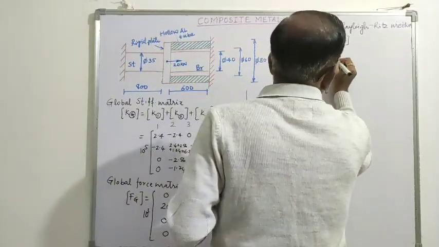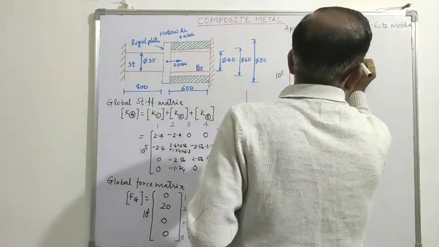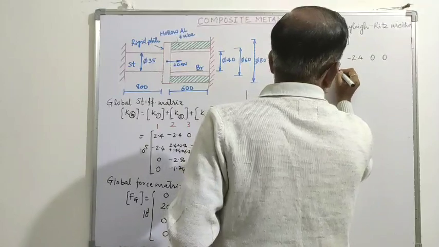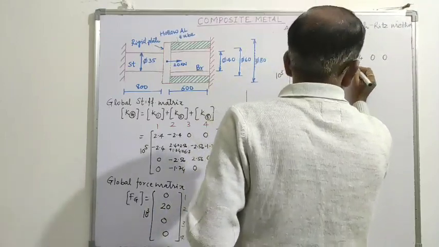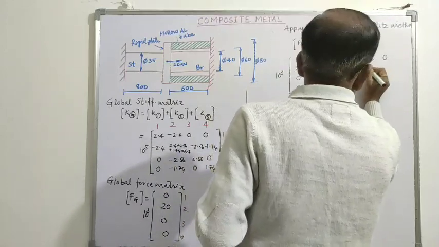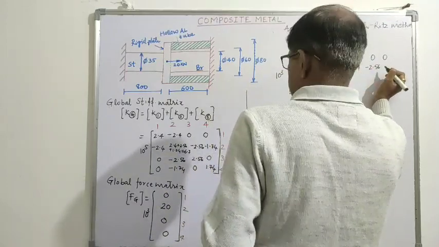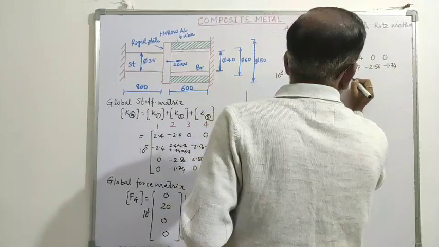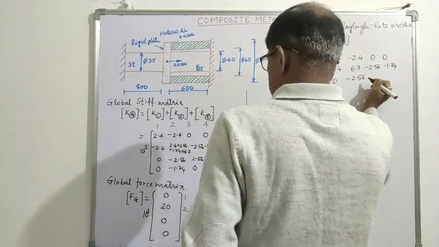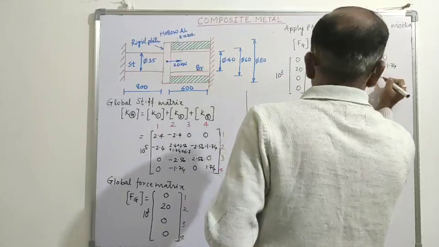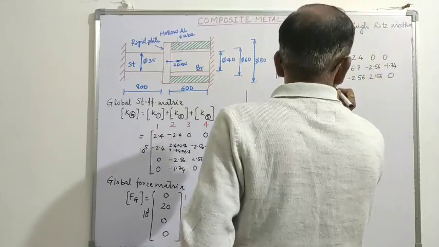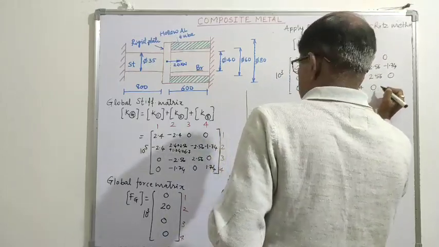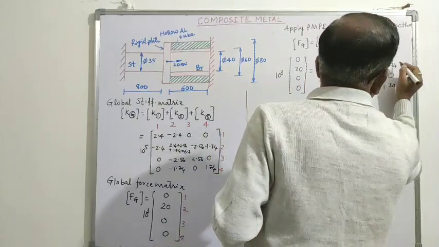And it is 2.4, minus 2.4, 0, 0, minus 2.4, 6.7, minus 2.56, minus 1.74, 0, minus 2.56, 2.56, 0, 0, minus 1.74, 0, 1.74.